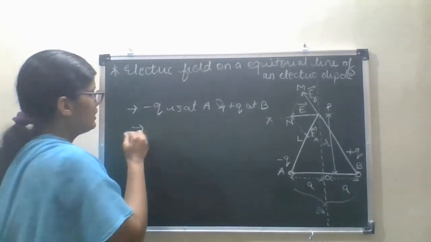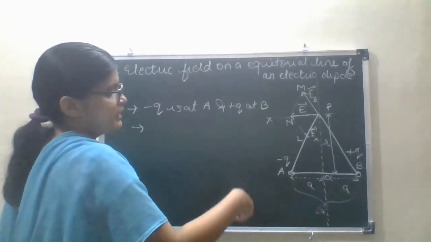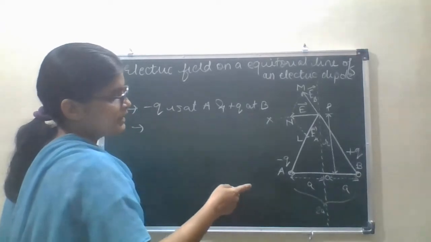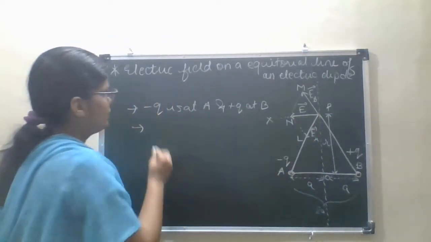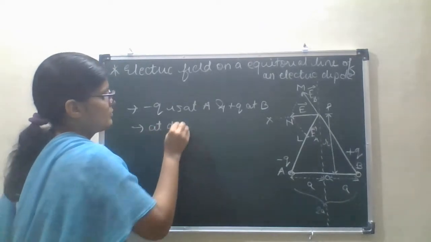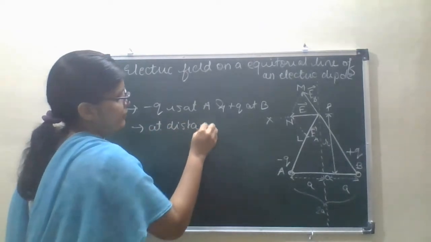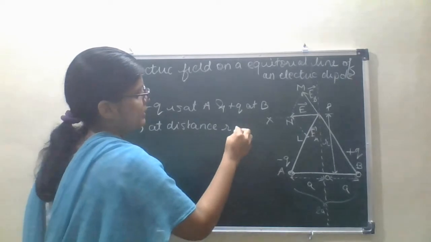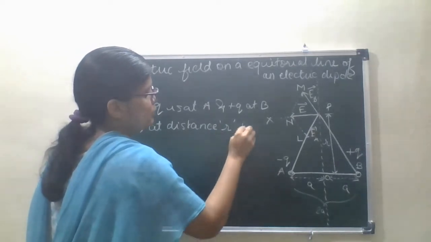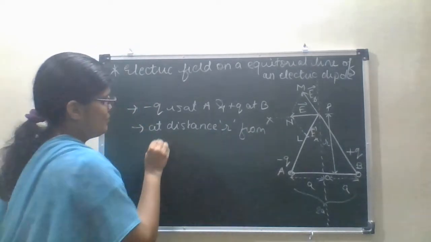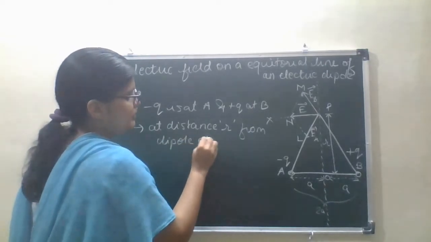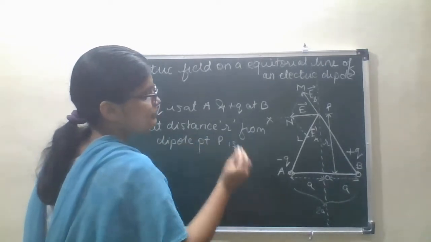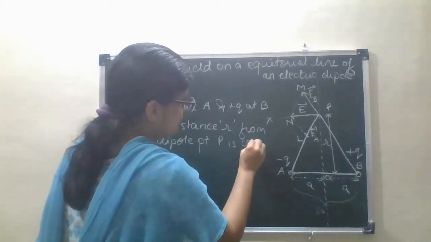Next, the equatorial line of this dipole is at distance r from the dipole, and the point P is considered there.